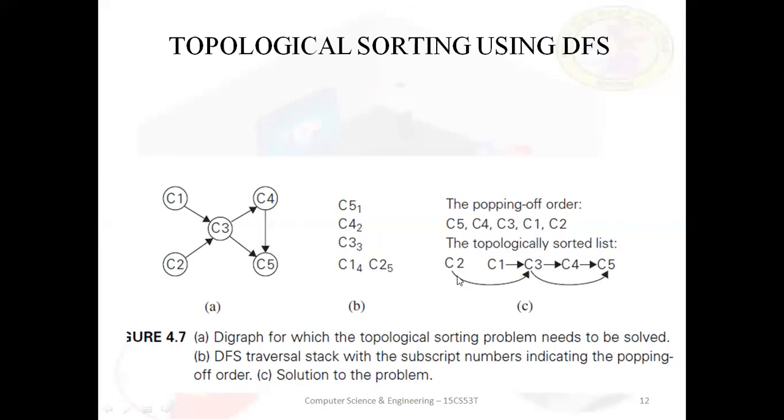That's why we have an edge from both C2 and C1 to C3. Then from C3, we can go to C4, or from C3, we can directly go to C5. And from C4, we have an edge to C5. This is how the DFS method can be used to solve the ordering of the nodes.